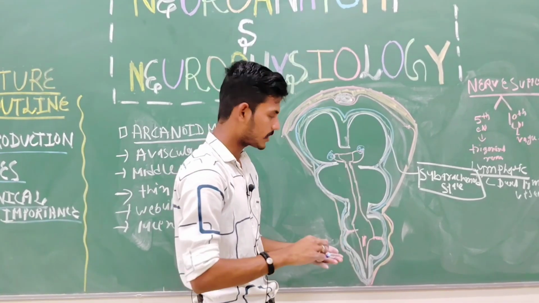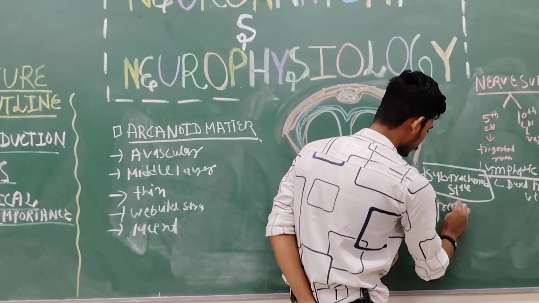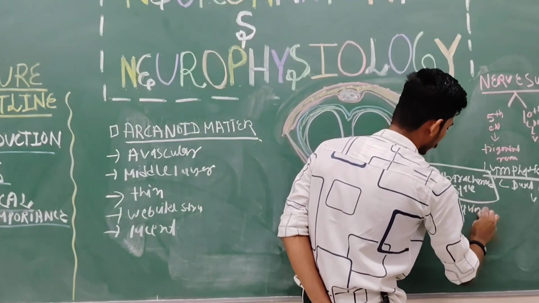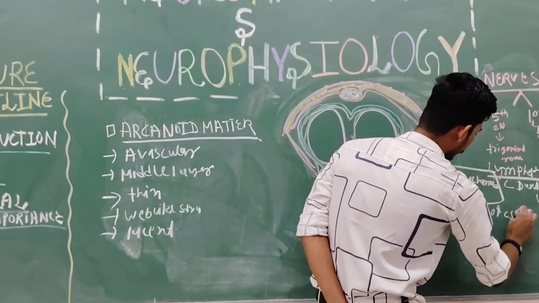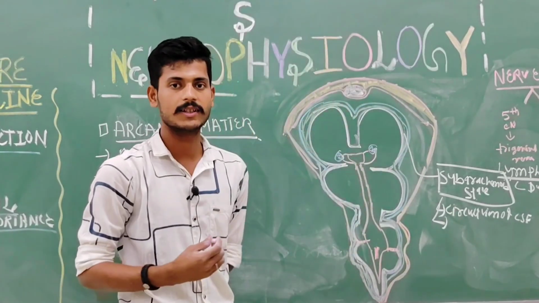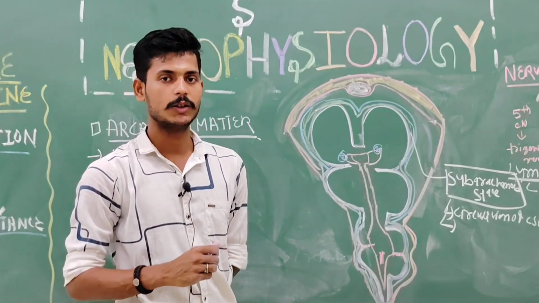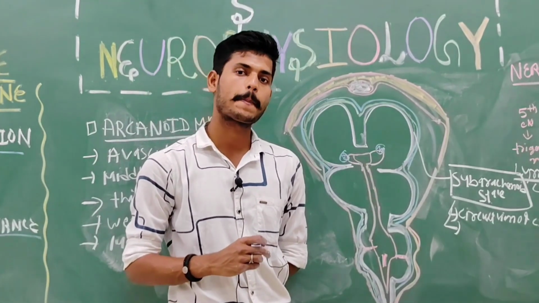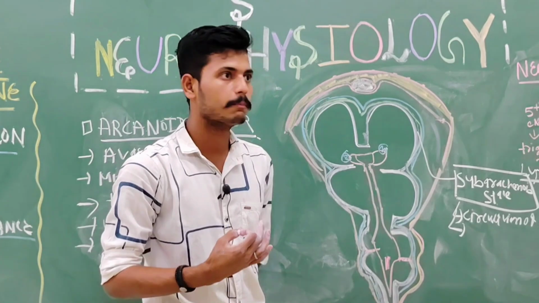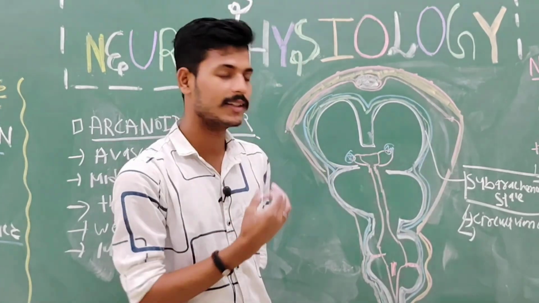So the importance of the subarachnoid space is the circulation of CSF. Another important function is that in this space there is a circle present that we term the circle of Willis. Do you know about the circle of Willis? It's a collateral blood supply, and it's a unique type of blood supply which we will discuss again in another lecture.